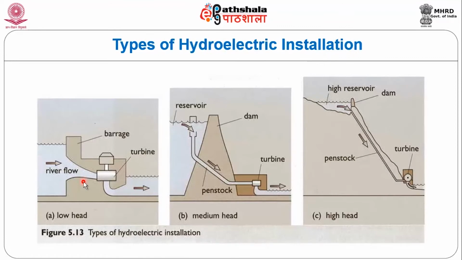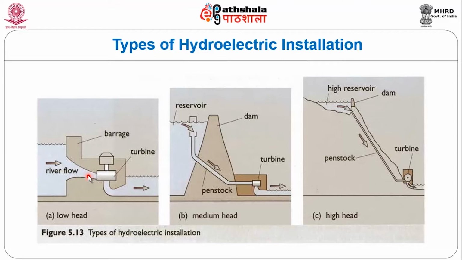And these are the typical types of hydroelectric installations: this is the low head, this is the medium head, and this is the high head. Here is the small reservoir, where the water is stored. This is the barrage, and the turbine, a Francis turbine or Kaplan turbine, is kept here.